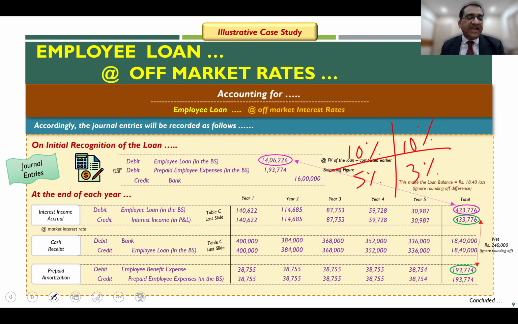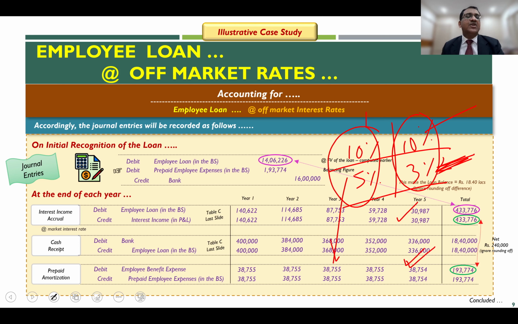If the loan is at 3%, the discounted value will be higher than 16, and the delta will also change accordingly.